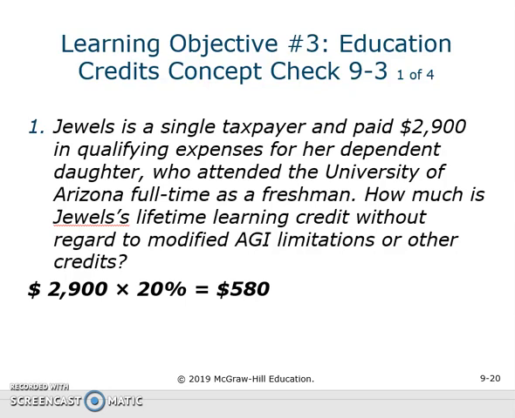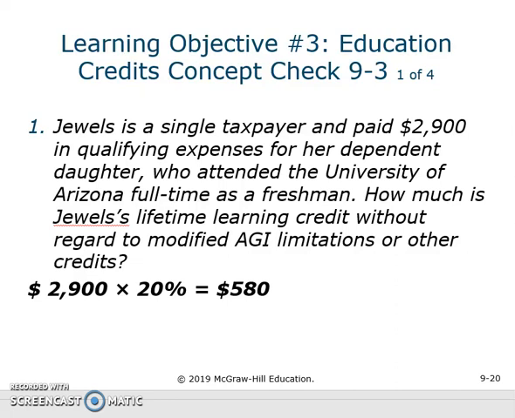So let's take a look at an example. Jules is a single taxpayer and paid $2,900 in qualifying expenses for her dependent daughter who attended the University of Arizona full-time as a freshman. How much is Jules' Lifetime Learning Tax Credit without any regard to any AGI limitations or other credits?